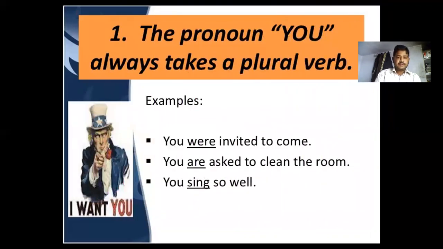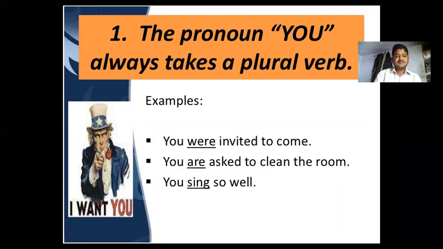First, the pronoun you always takes a plural verb. Why? Because we talk about persons: first person is I, second person is you, third person is he, she, it. Singular subjects take singular verb forms, and plural subjects take plural verb forms.